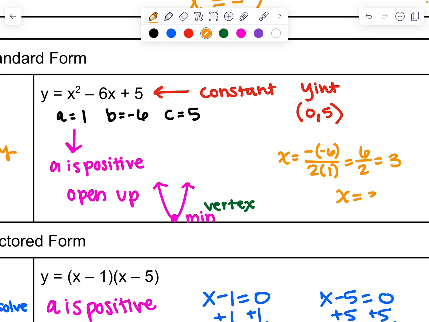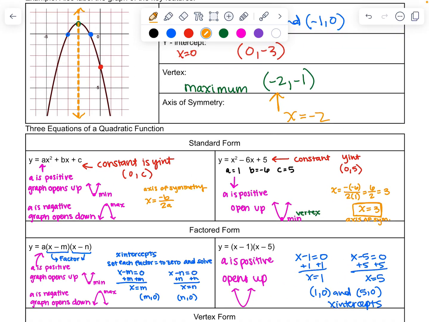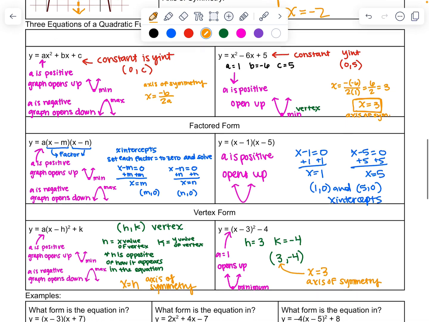Well, that matches up. I know my axis of symmetry is 3. That axis of symmetry is 3. So that would be finding all of our general information.